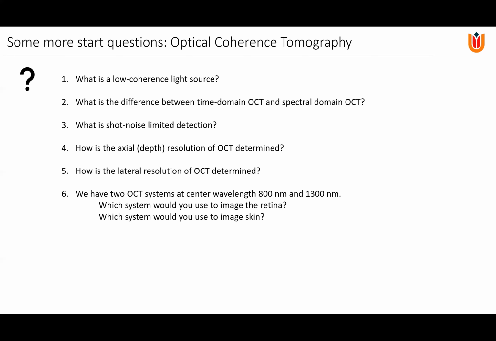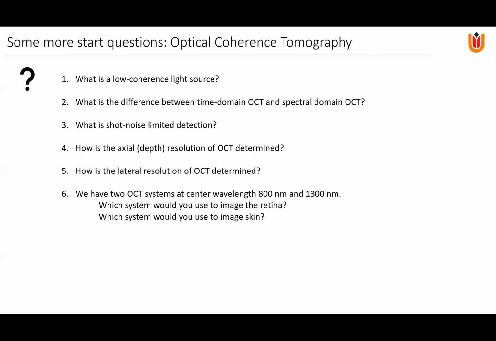I'm not going to let you get away with the 0.4. So it is 2 ln 2 over pi, 0.44, times lambda zero squared over delta lambda. Okay, that's the formula. That's good. So briefly, what is lambda zero squared?